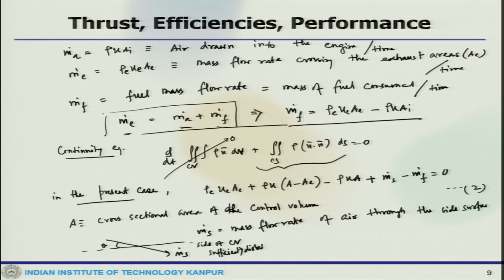Now, from the engine, this theta is very small, which leads to the momentum being m dot s into u.